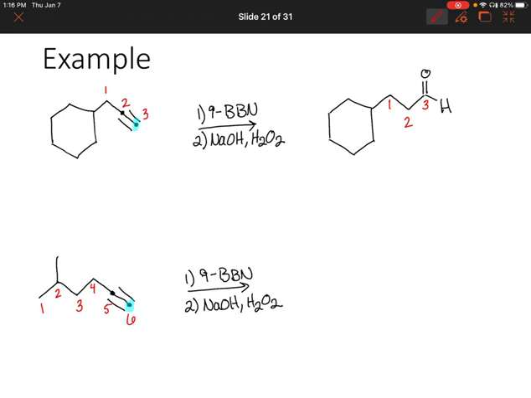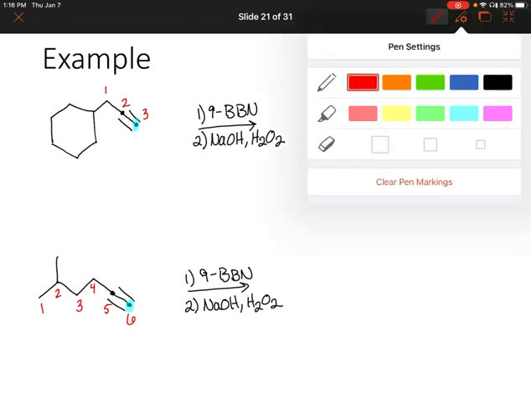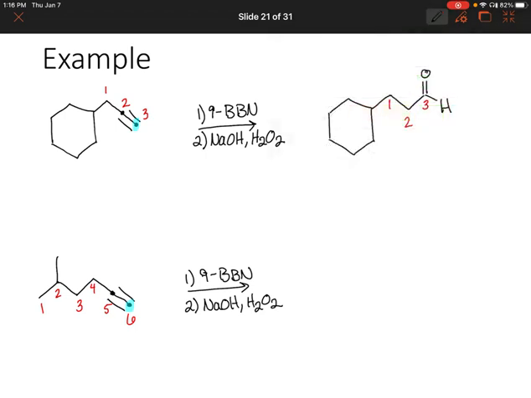But in this situation, I'm just trying to keep track of my carbons, so it doesn't really matter. All right, so I've got 1, 2, 3, 4, 5, 6. There's a methyl group on carbon 2, and there's an aldehyde on carbon 6. Okay, so 1, 2, 3, 4, 5, 6. Perfect.